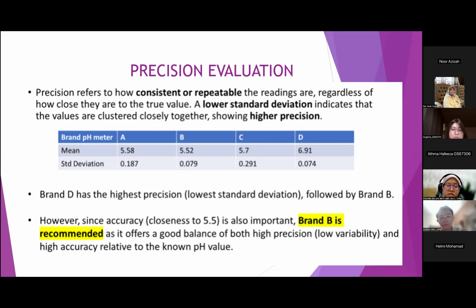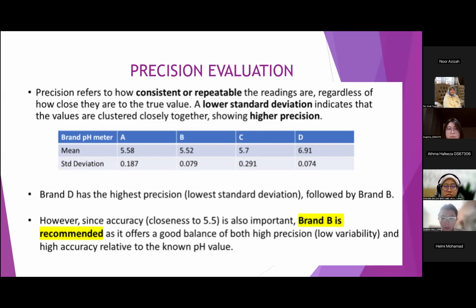However, since we also take accuracy into account, which is closeness to 5.5, we can see that brand D has a mean of 6.91, while B is 5.52. So B is the best pH meter that we can recommend, as it offers a very good balance of both higher precision, which shows low variability, and also high accuracy relative to the known value of pH. So I will pass the next part to Chen Hao.